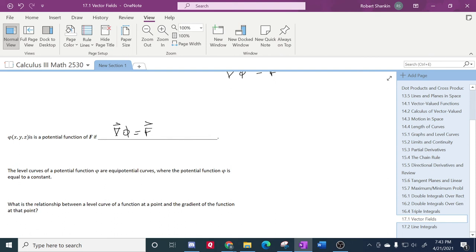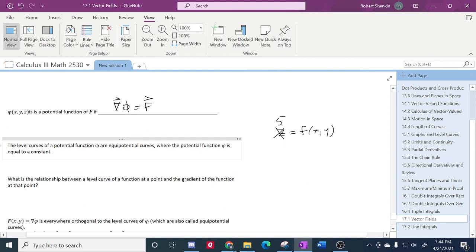If you think of z as the height, then where is the function always going to have a height of 5? That's a level curve of this function. There's nothing really new here, it's just the definition of level curves.